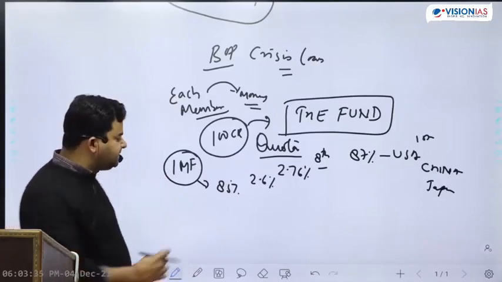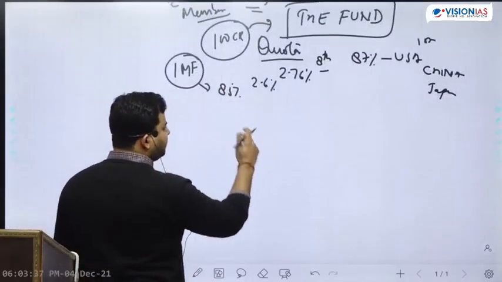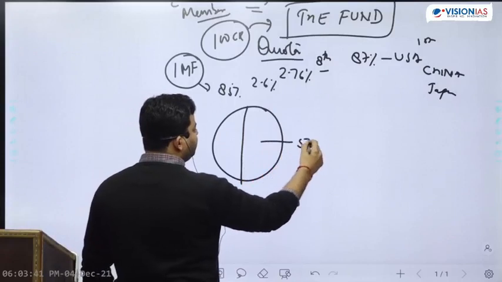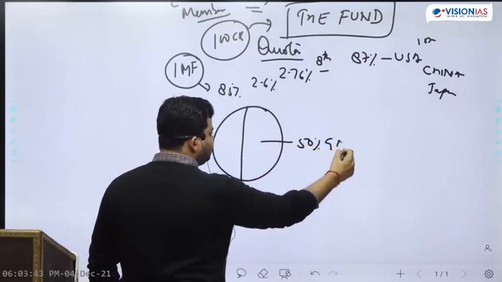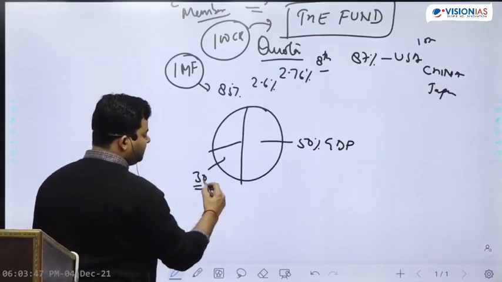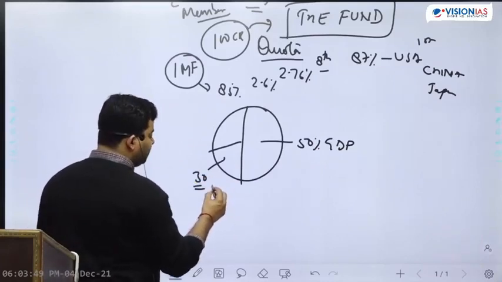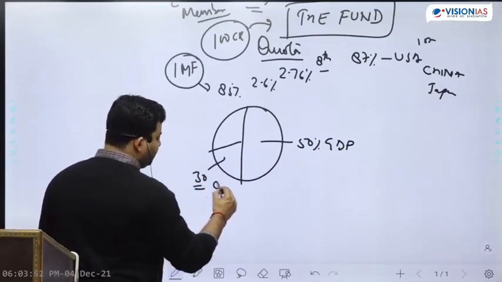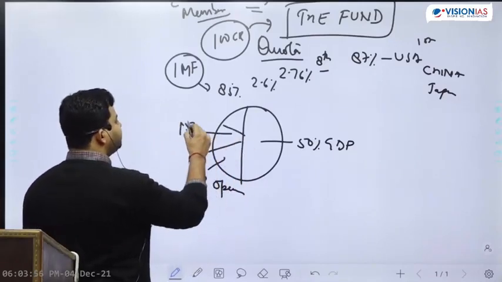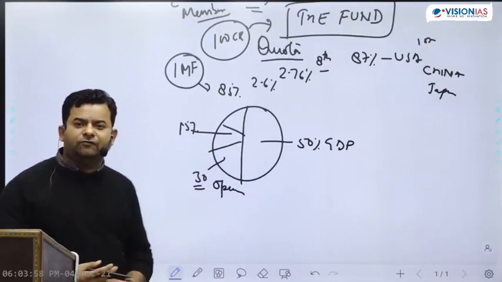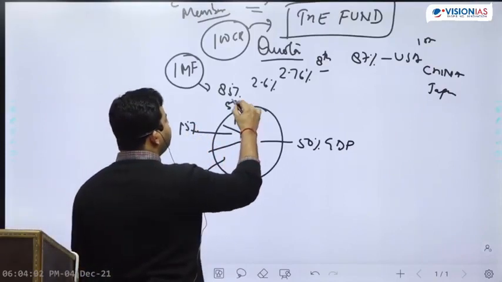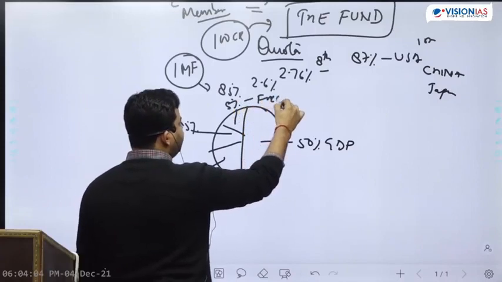The quota is decided on certain criteria, and the criteria is how much is their GDP. 50% criteria is for GDP. 30% criteria is for what their openness is. 15% criteria is on their economic viability, and 5% is in terms of how much of forex they are having.